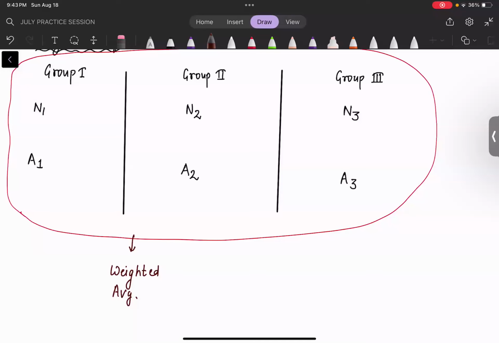The combined average. Okay. Is the voice breaking? Please confirm this. Just a minute, please.